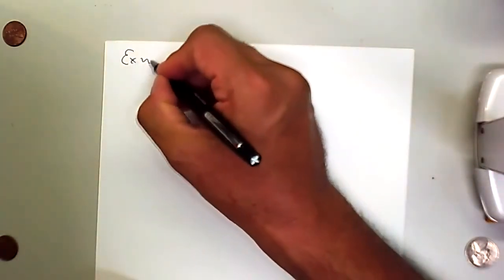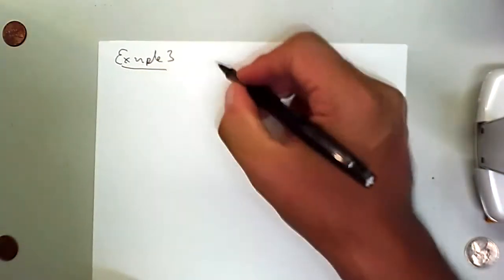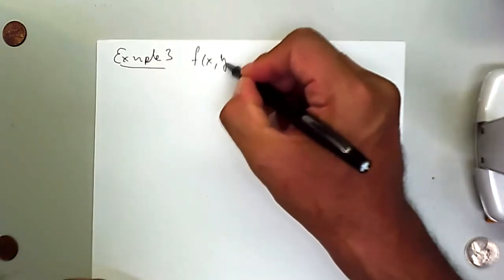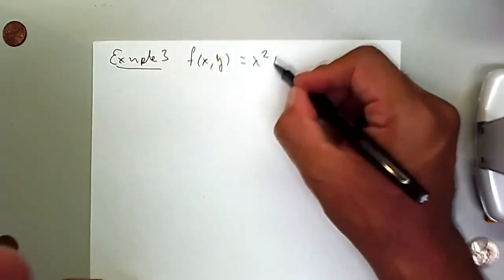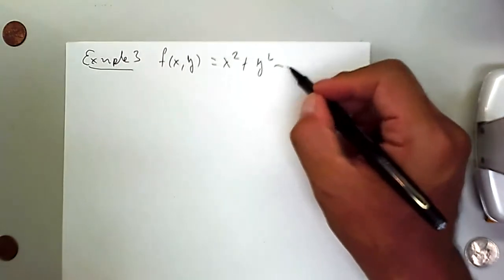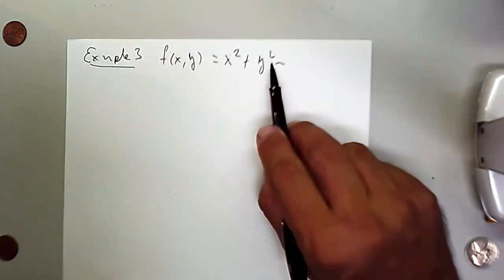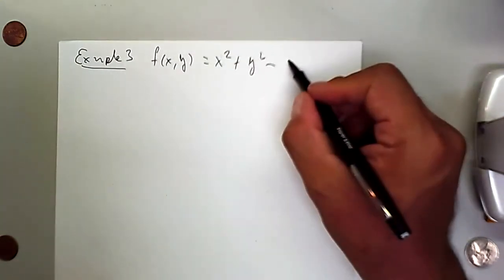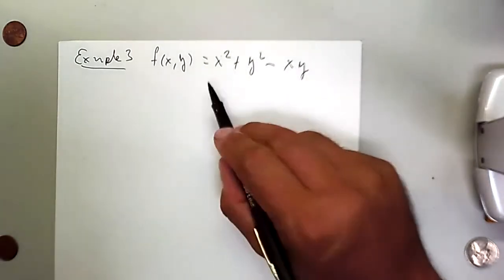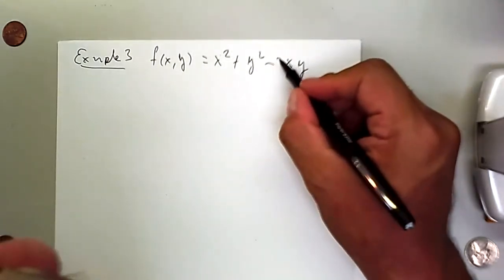Let's do a third example. Example 3. f of x, y is equal to x squared plus y squared minus, so example 1 had 1 xy, example 2 had 3, let's do 2.